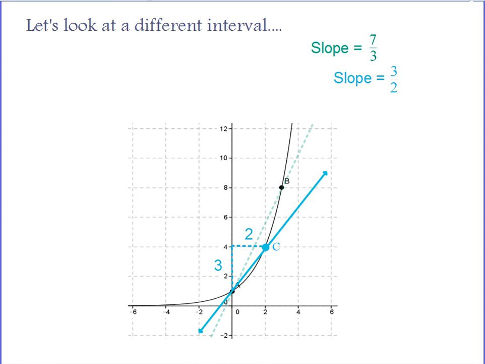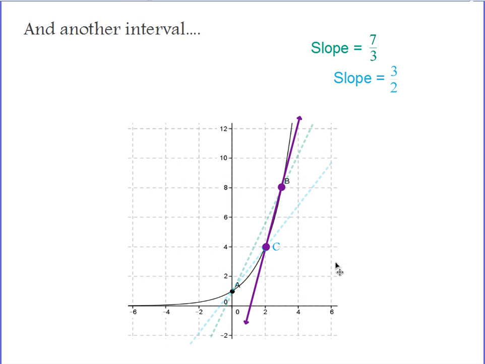Let's try a third secant line going through points C and B. That's from where x is 2 to where x is 3, so we're talking about the interval from 2 to 3. From point C to point B, we go up 4 units and to the right 1 unit, so I get a slope of 4.